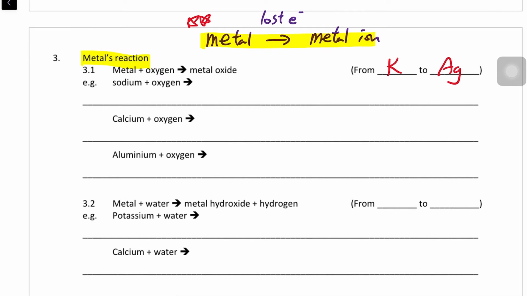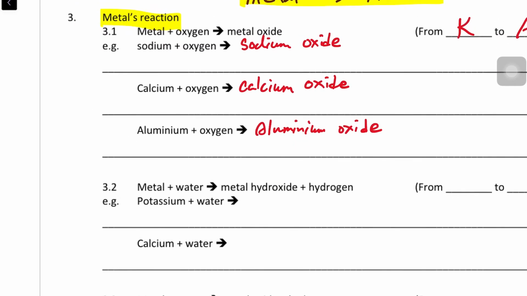Sodium reacts with oxygen, easy. Sodium oxide. With a similar idea, we got calcium oxide and aluminium oxide. This is easy to handle. Next is to write down the chemical equations.